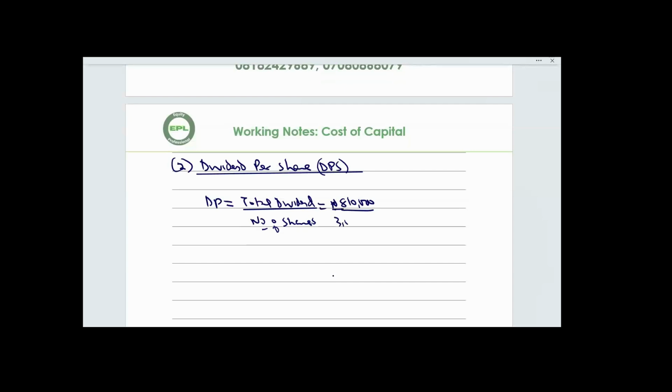So 810 divided by 3,000, that's 27 kobo. Dividend per share is 27 kobo.